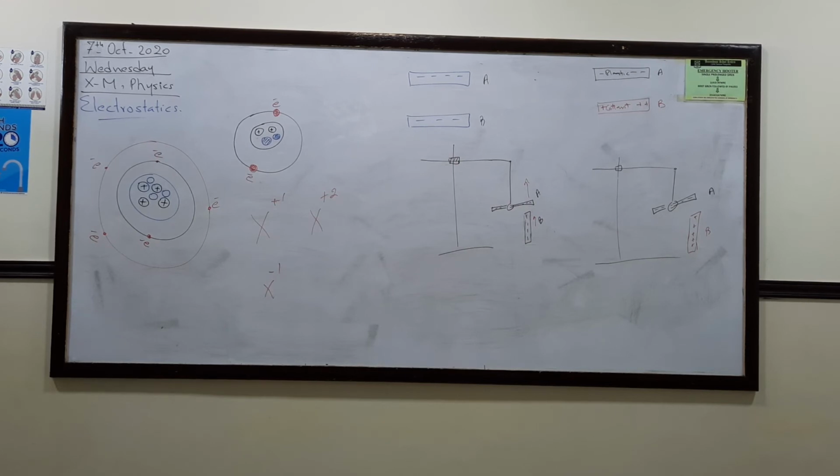When we bring the plastic rod rubbed with fur near to the suspended glass rod, we observe that both the rods attract each other. In the first activity, both rods are of plastic and both of them have been rubbed with fur. Therefore, we assume that charge on both would be of the same kind.